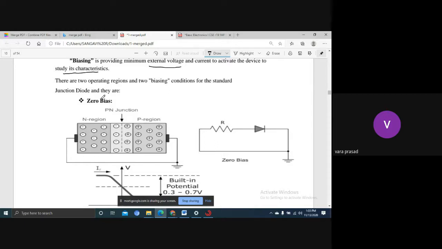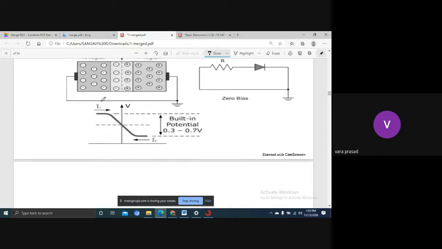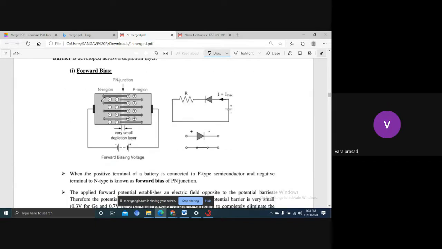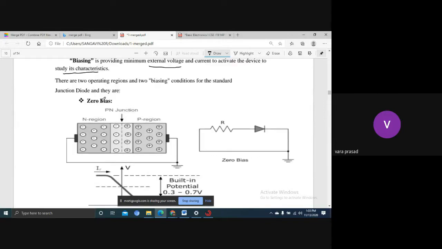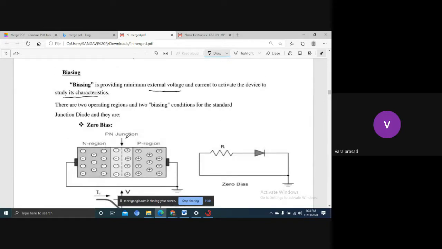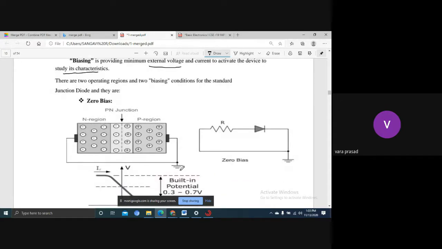First, zero bias. Zero bias means we are not going to apply any voltage: 0 volts.